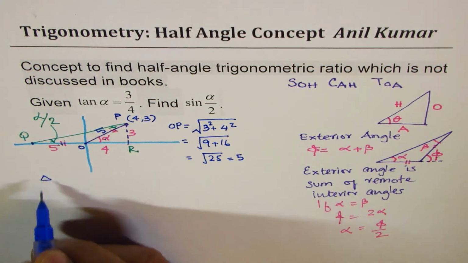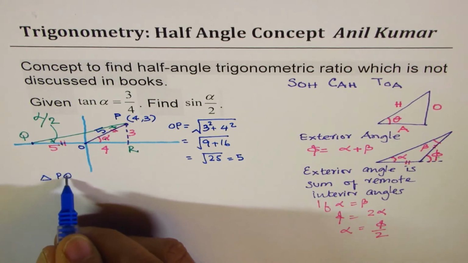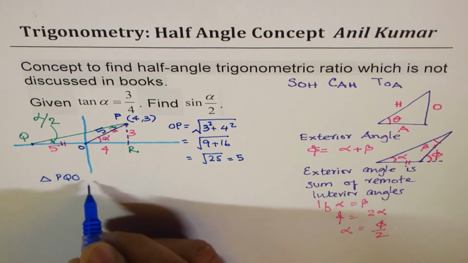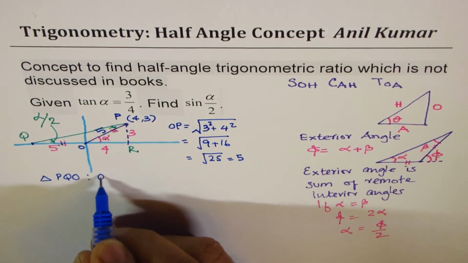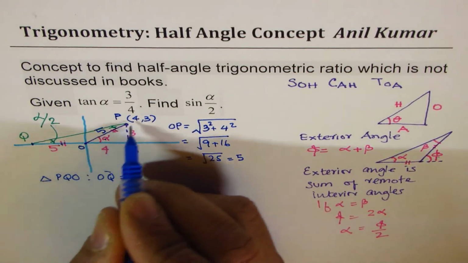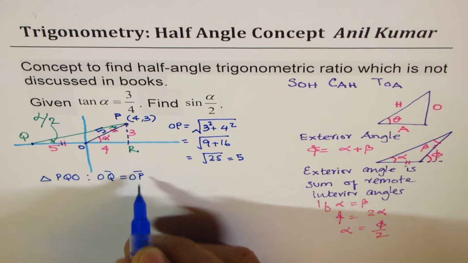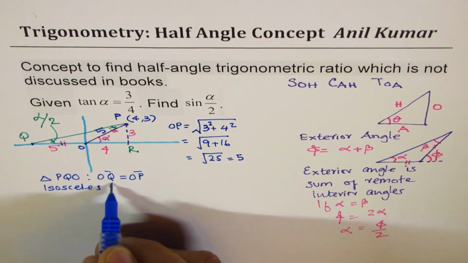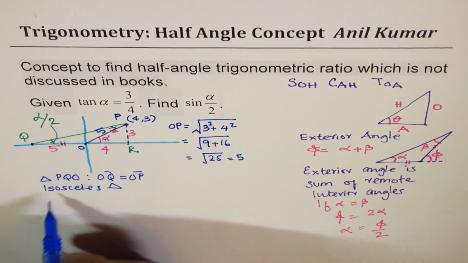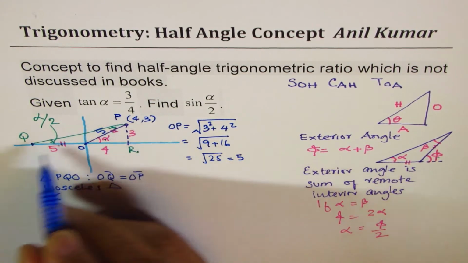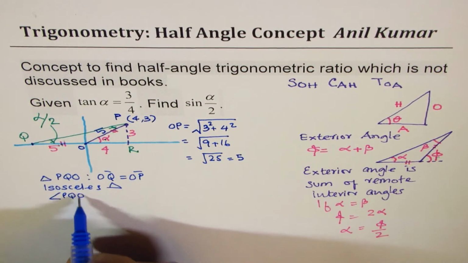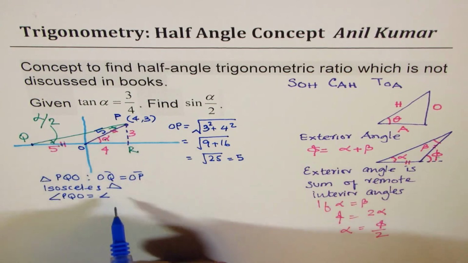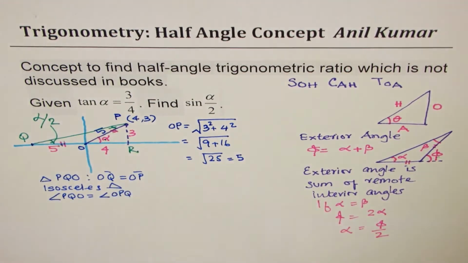So in the triangle PQO, we know that OQ is equal to OP. Is it okay? So that means it is an isosceles triangle, correct? That means that the angle PQO is equal to angle OPQ, correct?